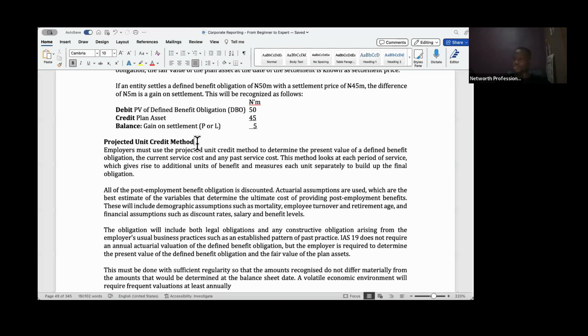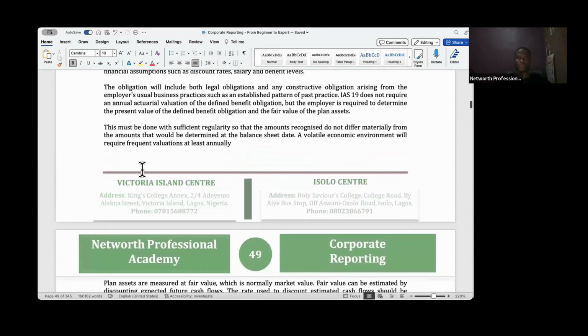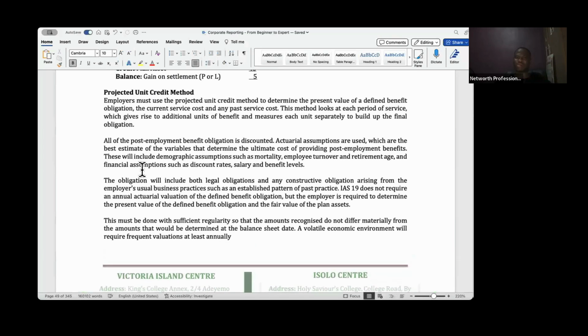And I've told you that because this relates to benefit payable in the future, it has to do with a lot of discounting to get what is the value today. And it also has to do with a lot of assumptions, which the standard calls actuarial assumptions and stuff like that. But you can read through this, gain one or two, but we are not really particular about that.